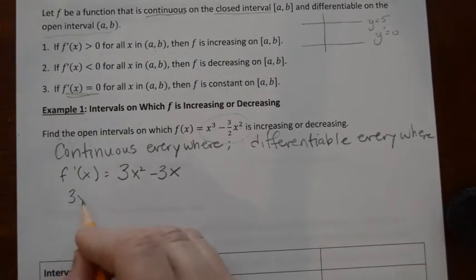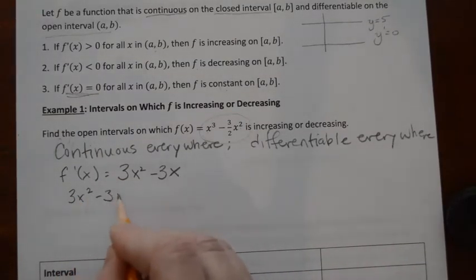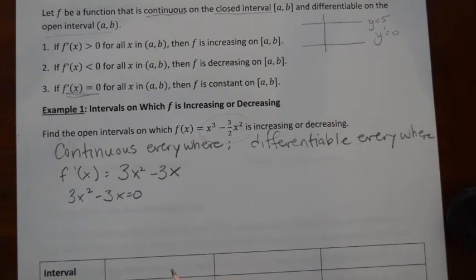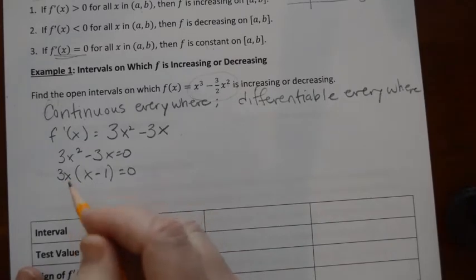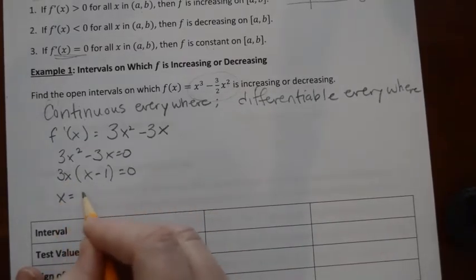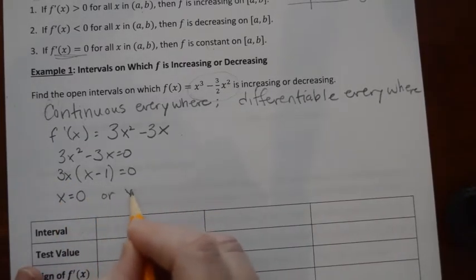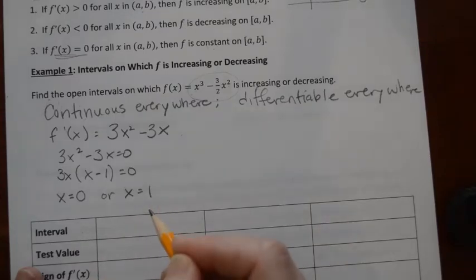So we've got 3x squared minus 3x equals 0. We'll factor out a 3x, so we get x minus 1 equals 0. And then that says that x equals 0 or x equals 1. Right?